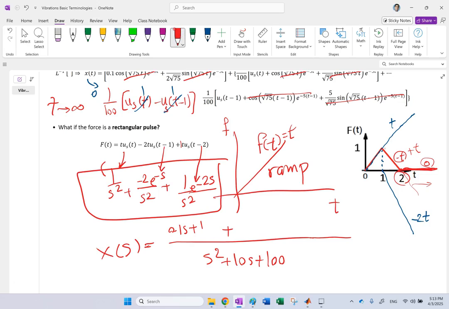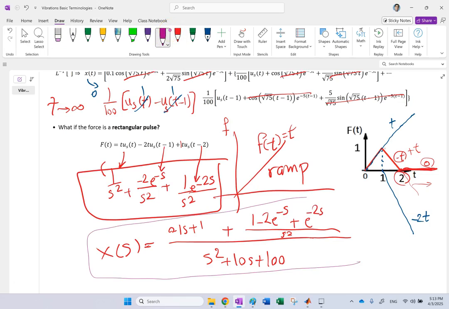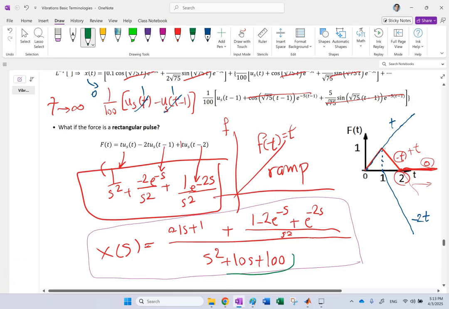And this portion is exactly what we found. So it's s squared, and then 1 minus 2 exponential negative s plus exponential negative 2s. Okay, so if you solve for x of s, this is x of s. Now again, you do partial fraction expansion, and you'll see that this portion will give you the homogeneous solution, which is going to be the same as last time.